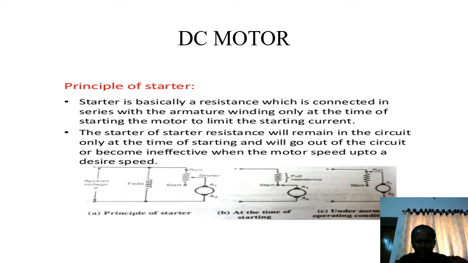At the time of starting the motor, to limit the starting current, the starter resistance will remain in the circuit only at the time of starting and will go out of the circuit or become ineffective when the motor speeds up to the desired speed.